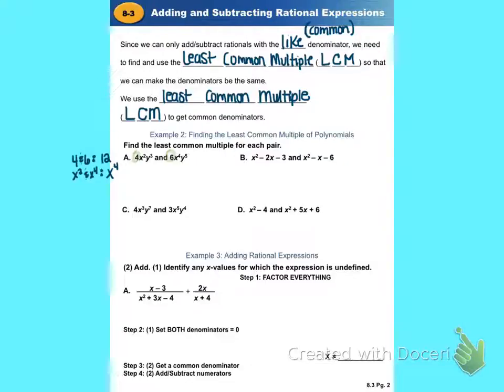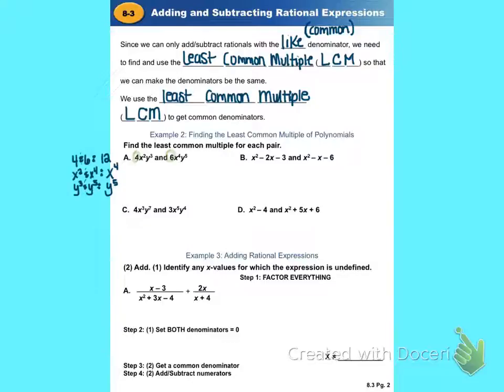So with that same thing in mind with y to the third and y to the fifth, the least common multiple would be y to the fifth. Now the reason why that is, when we divide with variables, with exponents, we actually subtract the exponents. So you could divide y to the third into y to the fifth, and you'd get y squared.